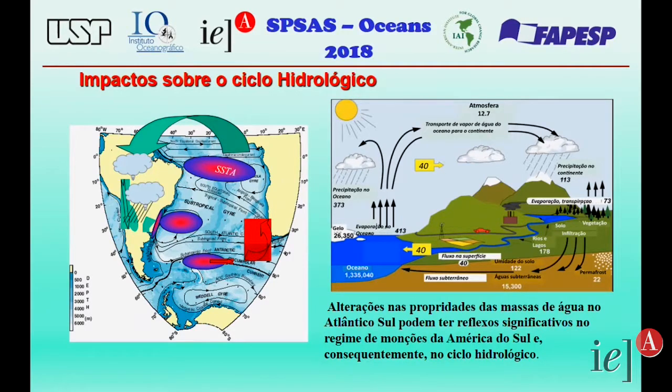And of course, in the end, you're going to have a different water cycle, much more water coming from the ocean in one region, less water going into the ocean from another region, and you change the way precipitation distributes over the continent. And of course, we can't change that, but if we know more or less in advance, we can get prepared. We can move from one place to the other.